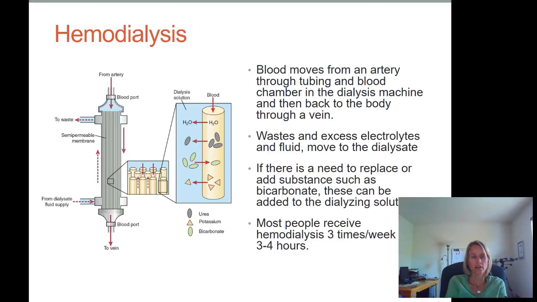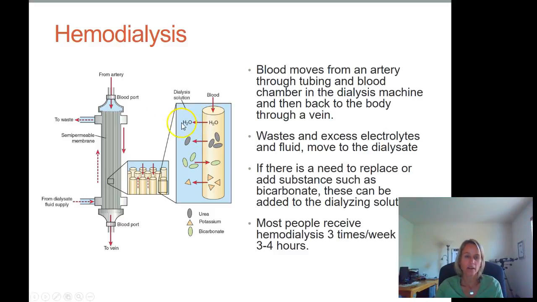Okay, so let's look at hemodialysis. With hemodialysis, blood is going to move from an artery through tubing and a blood chamber in a dialysis machine, and then back to the body via a vein. So it's coming in here from artery, back to a vein, and then this is just showing the blow up of what's happening inside. So essentially, we have this dialysis solution that contains water and bicarbonate.